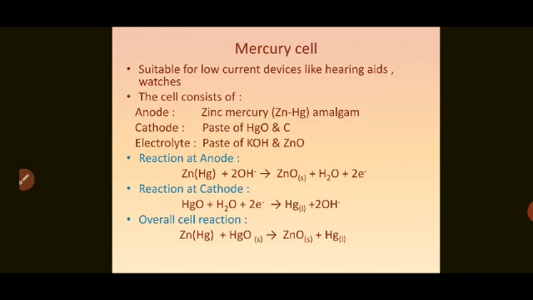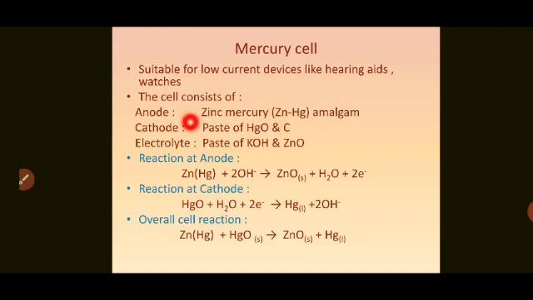Now, what is the structure of this cell? At anode, here also the body is made up of zinc and mercury amalgam. Amalgam means a mixture of metals and hence the outer surface is shining. Then the cathode is a paste of mercuric oxide and carbon.